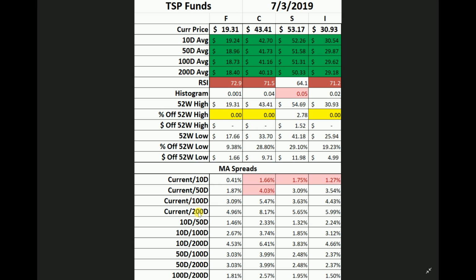200-day, I honestly forget. I'm not even going to venture a guess at what I have it set at without actually looking at my spreadsheet and the rules I have set. But as we'll see, the C fund is over 8% above the 200-day moving average. So basically, it's a good distance above all four of these moving averages. All of these are indications that it's probably not going to keep growing too strongly in the short-term period.